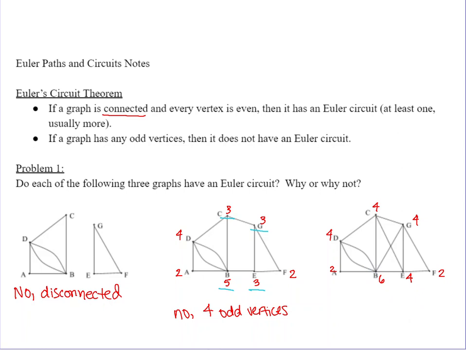Because we have all even vertices, we do have an Euler circuit. Okay, and it's connected.